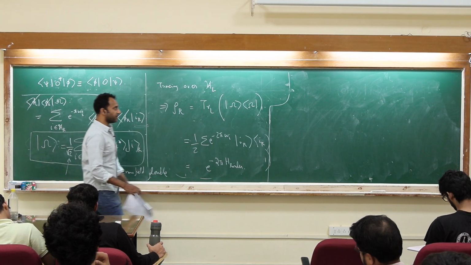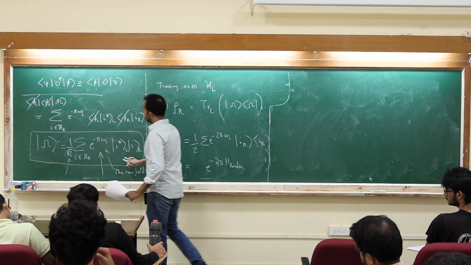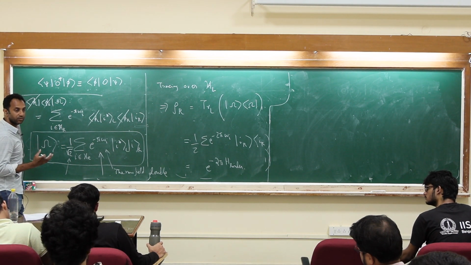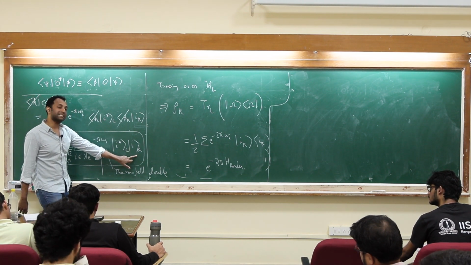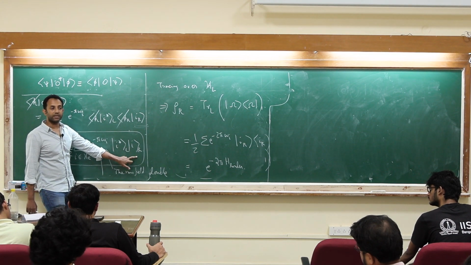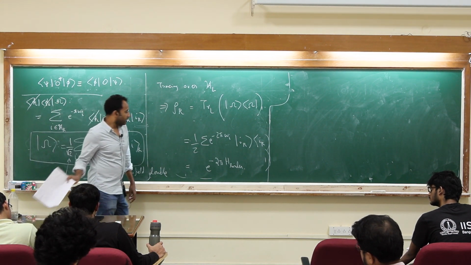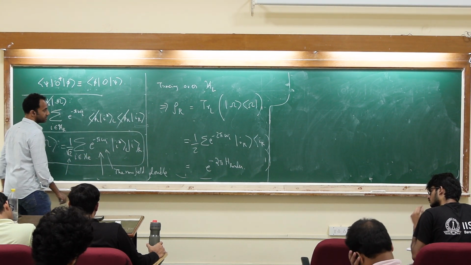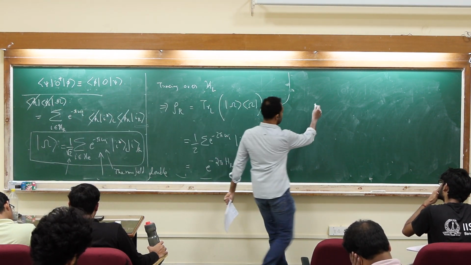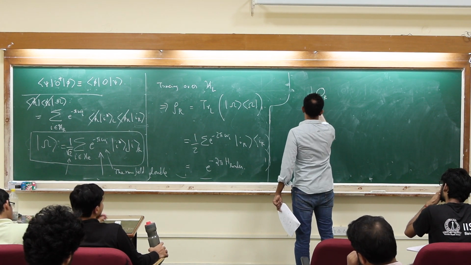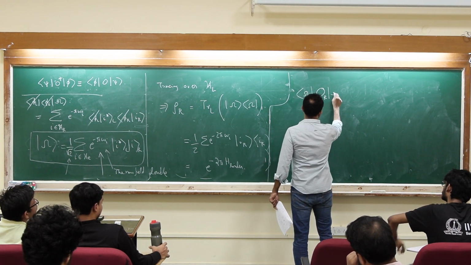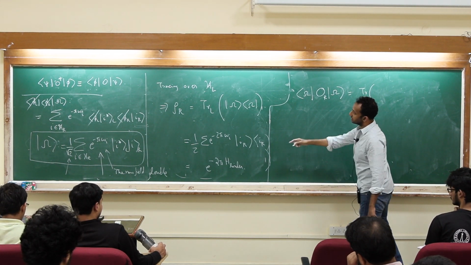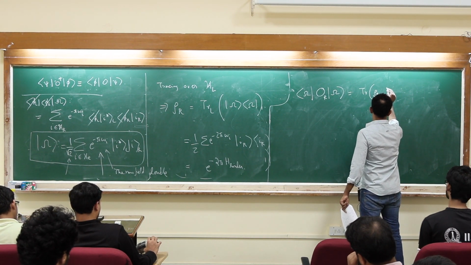An interesting fact about these thermofield double constructions is that if you were to compute an expectation value of an operator on the right Hilbert space, so let's say you wanted to compute O_R in omega, then that's the same thing as trace rho_R O.